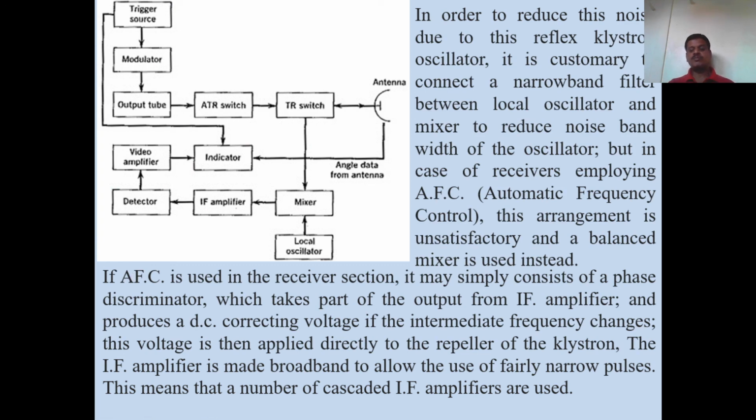It may simply consist of the phase discriminator, which takes part of the output from the IF amplifier and produces the DC correcting voltage if the intermediate frequency changes, and this voltage is then applied to the repeller of the klystron. The IF amplifier is made broadband to allow the fairly narrow pulses.